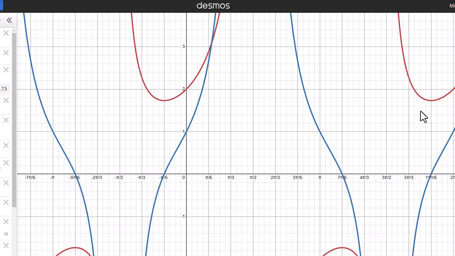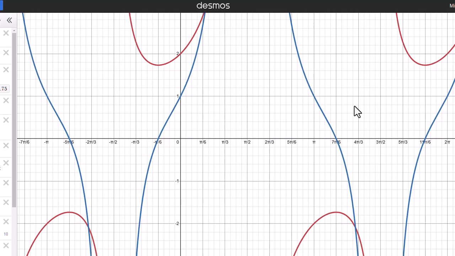At those points, notice what's going on. Let me move it up a little bit. We've got a place on our original function where the tangent line has a slope of 0 right here. We have a place on our original function where the tangent line would have a slope of 0. That comes from the derivative.